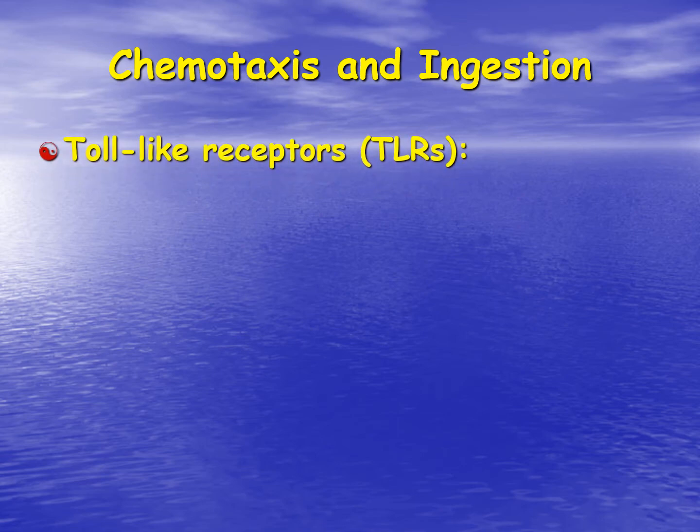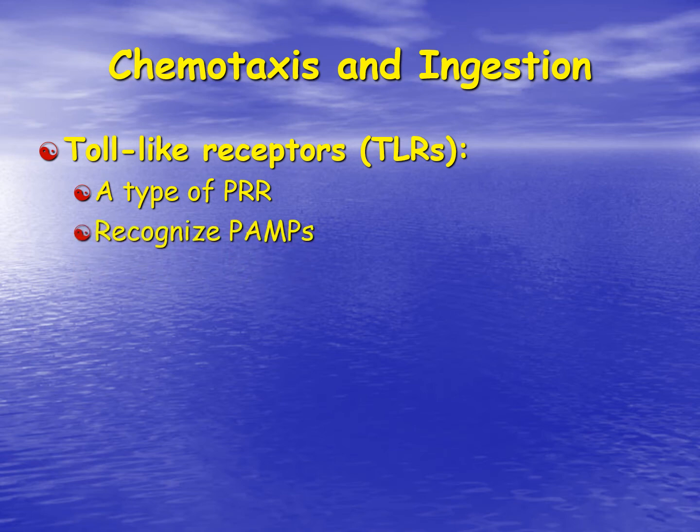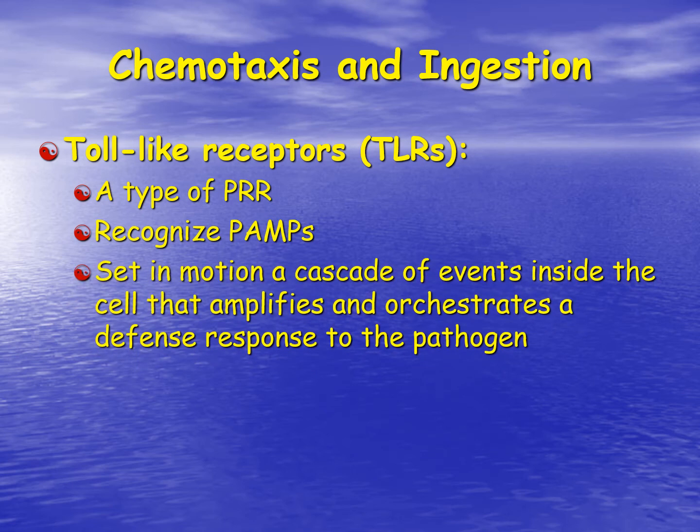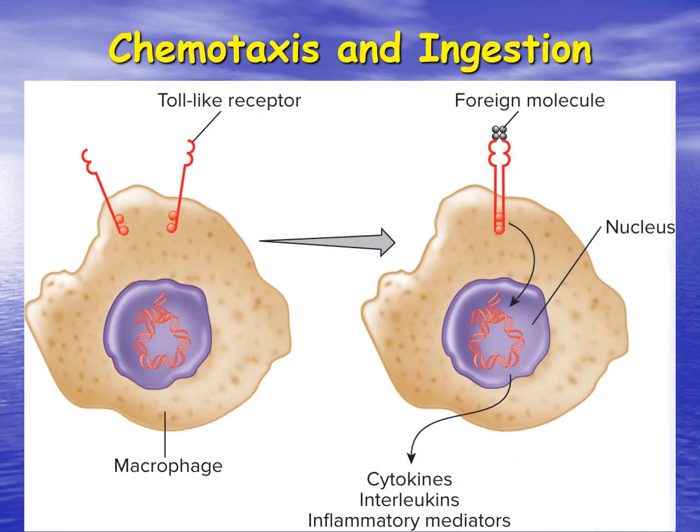We also see something called toll-like receptors, and this is a type of pattern recognition receptor that recognizes certain PAMPs of microorganisms. The toll-like receptors will set in motion a cascade of events inside the phagocytic cell that will amplify and orchestrate a defensive response to the pathogen.